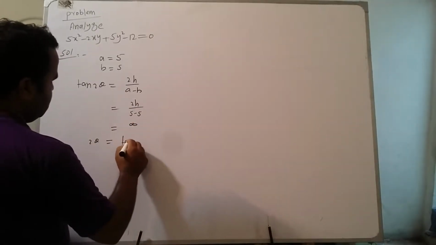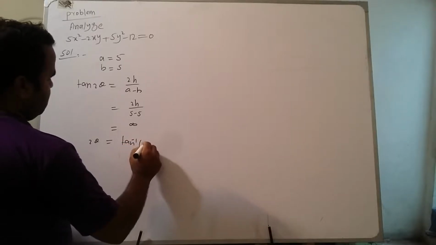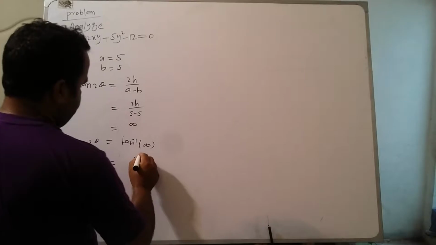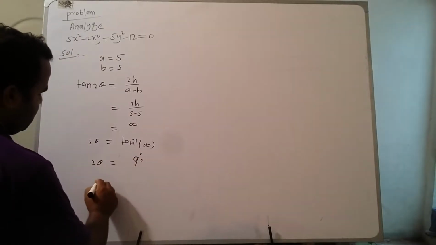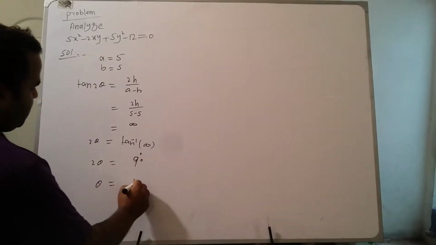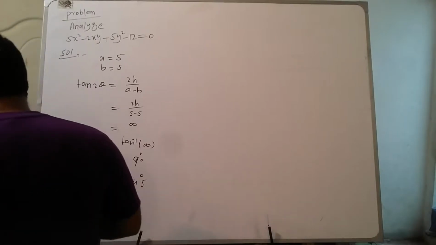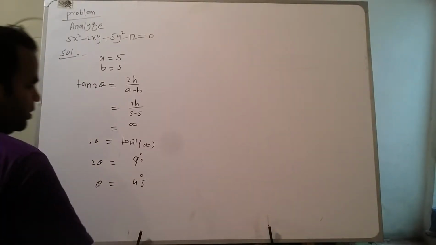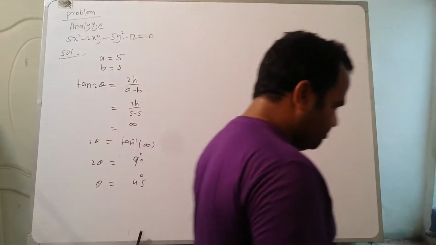So 2 theta is equal to tan inverse infinity, which is 90 degrees, and theta is equal to 45 degrees. It means that we will rotate the axis by an angle of 45 degrees.